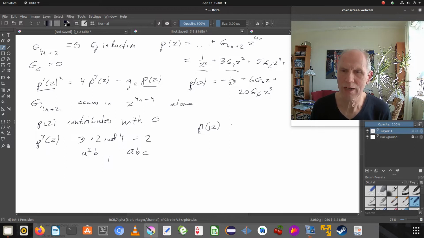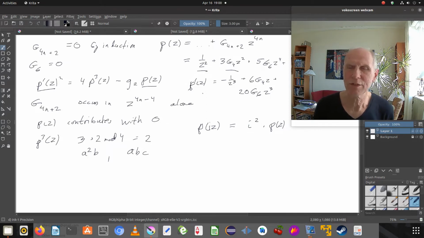So when we put Iz, we get something I squared times the function itself, that minus the function. So now the derivative. Here we have 1 divided by z cubed. This one doesn't come, but z to the fifth comes. I'll just write it.